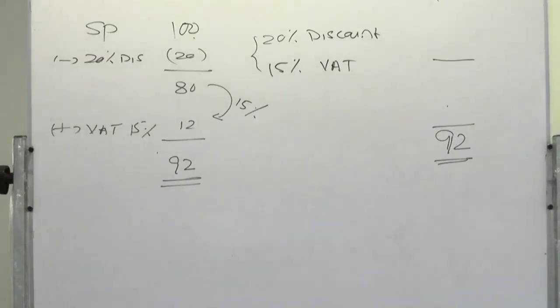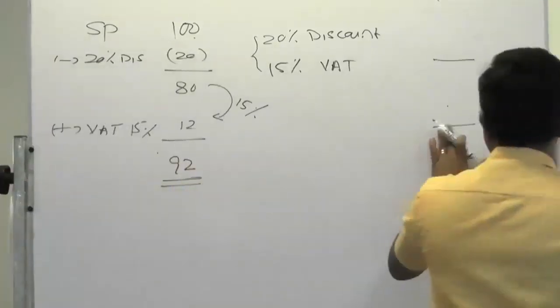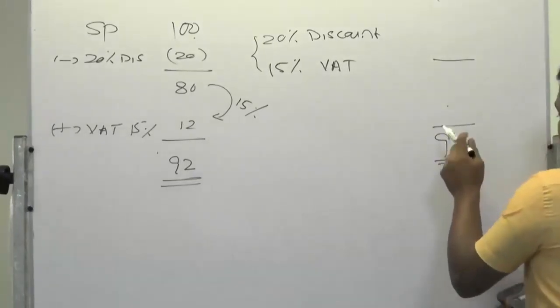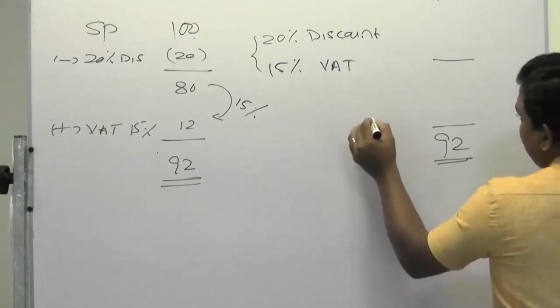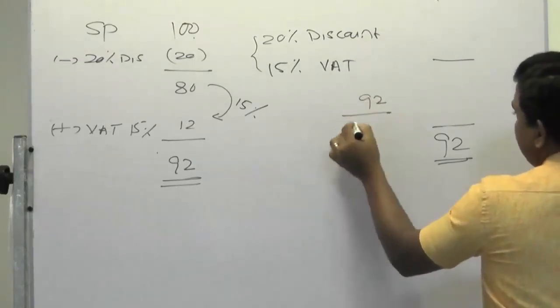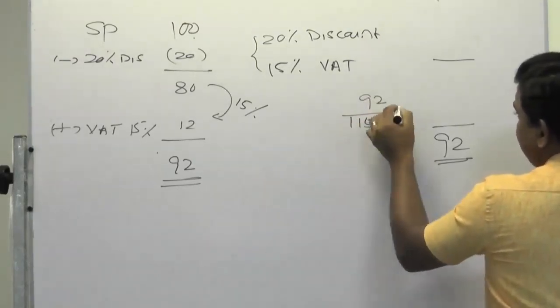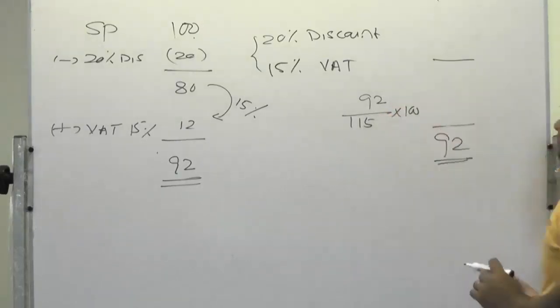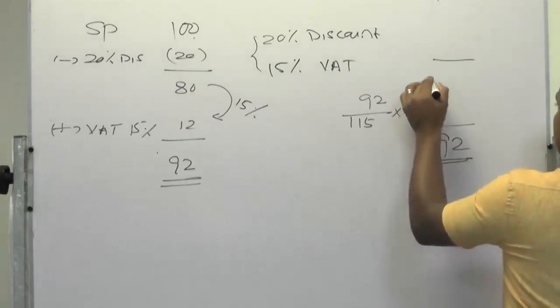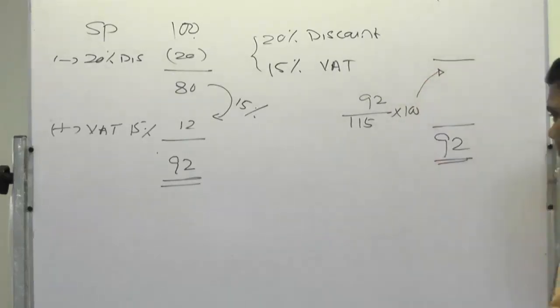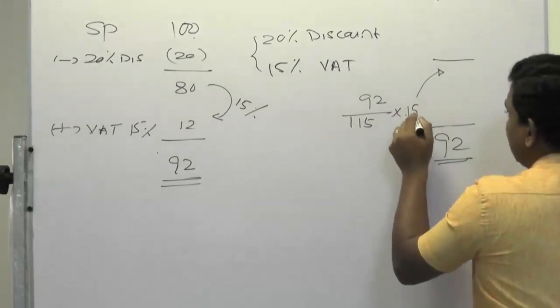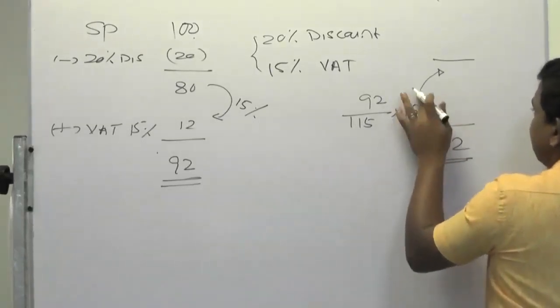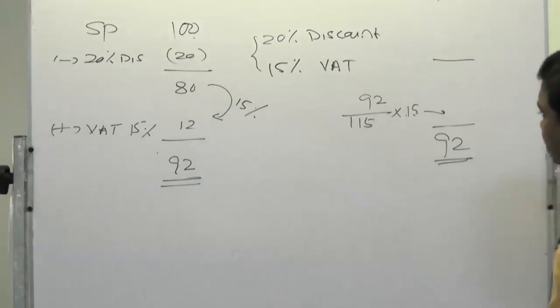To calculate backwards, we take 92, divide by 115 multiplied by 100, then you have the price before the VAT.